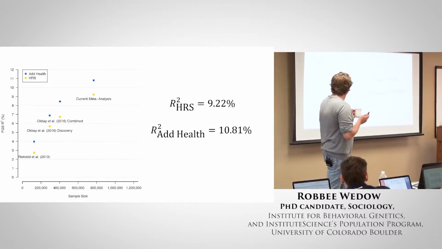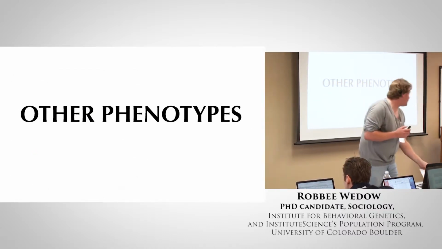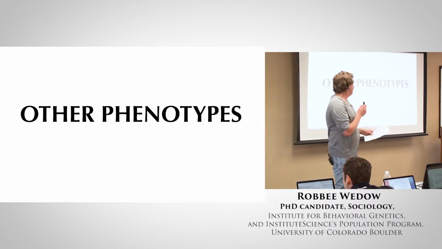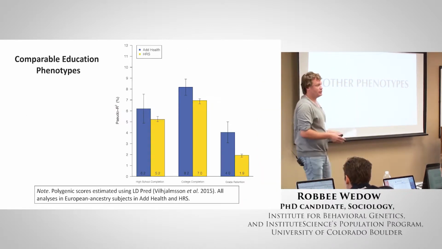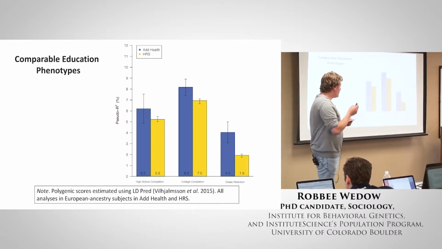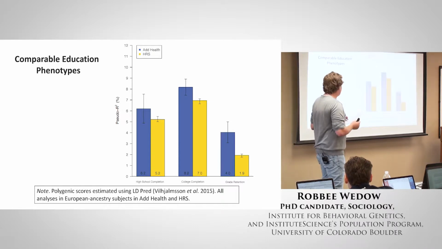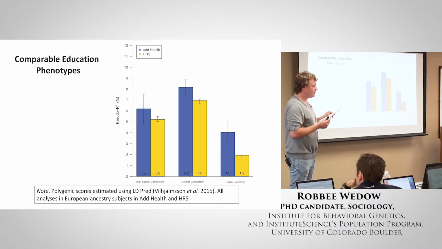Okay. So I'm going to use some notes here because I'll forget what I'm talking about if I don't. Okay, so we're also interested in other phenotypes that are related to educational attainment or related to cognition in EA3. So we'll begin here with educational phenotypes that are available to us in both the HRS and the AdHealth dataset.